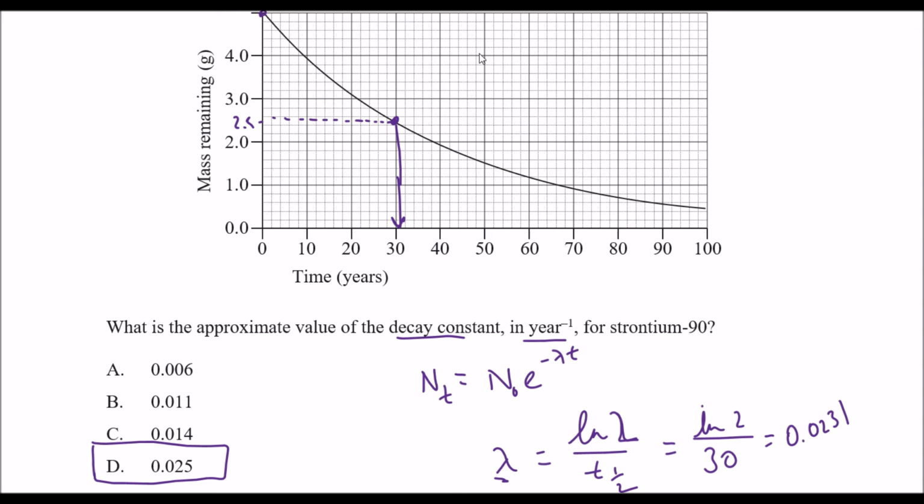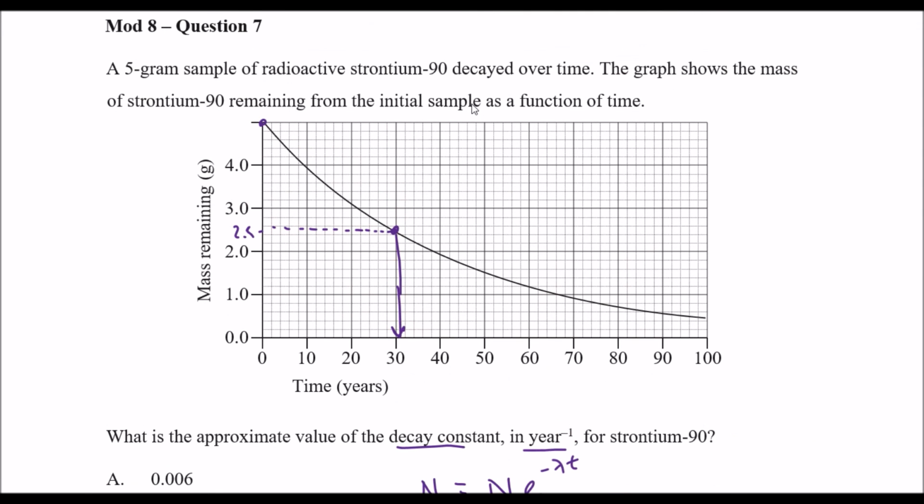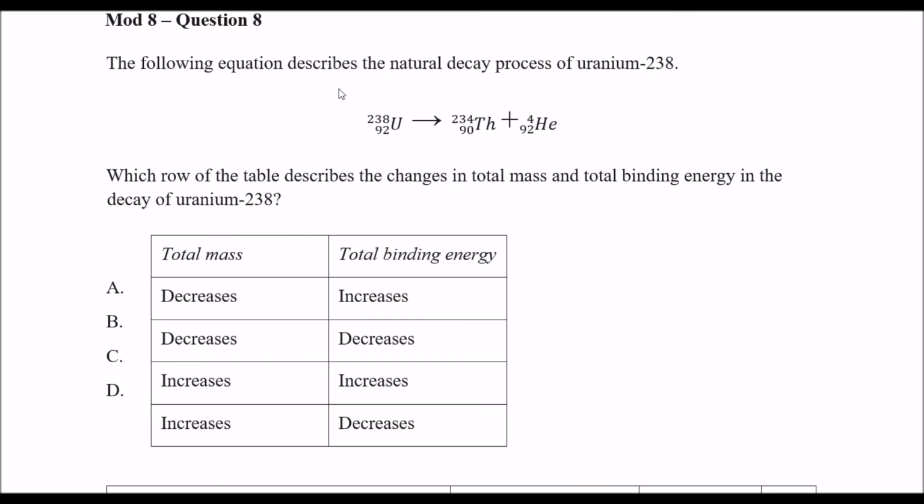So let's move on to, which question are we on? Question 8. It says the following equation describes the natural decay process of uranium-238. Which row of the table describes the changes in the total mass and total binding energy in the decay of uranium?